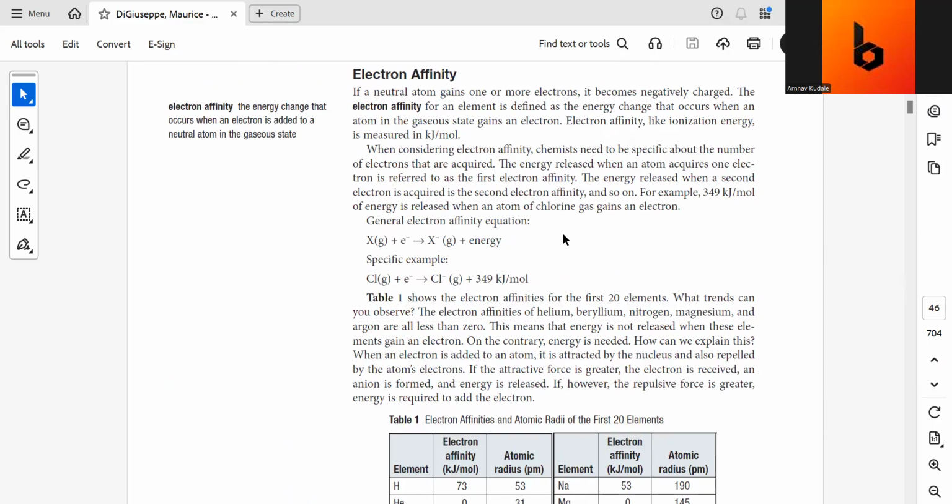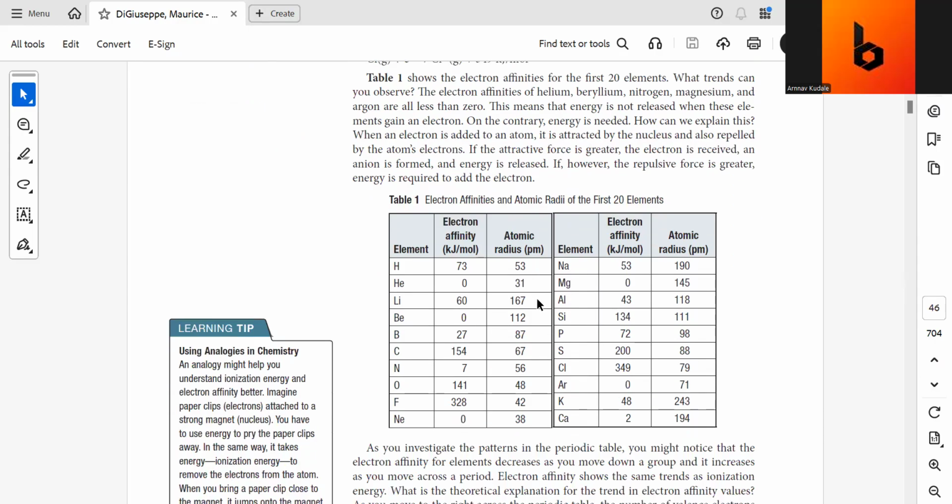I told you the definition says energy change, so let us stick to what we say. But for the sake of this example and the explanation over here, they have mentioned this is an exothermic reaction. 349 means that much is the energy that is released.